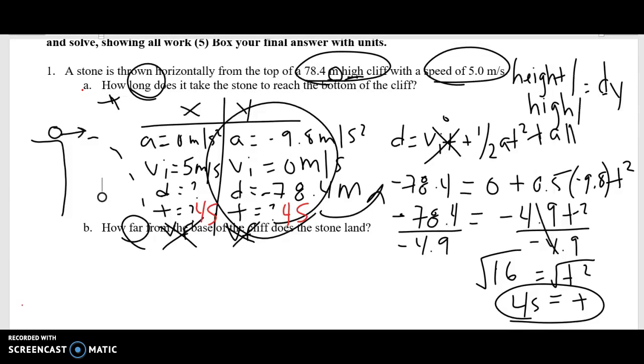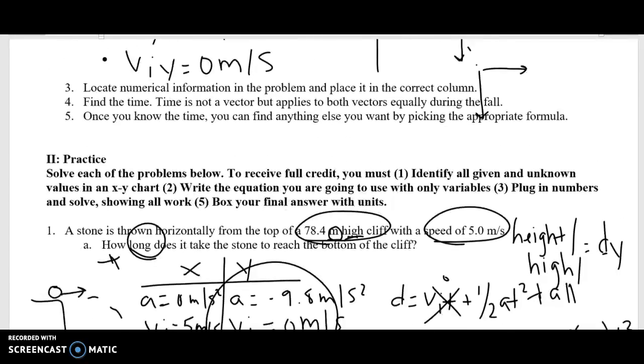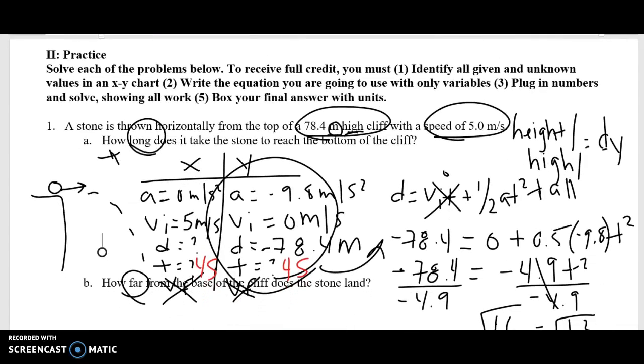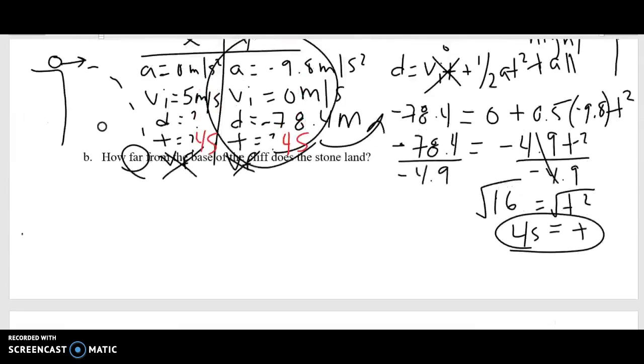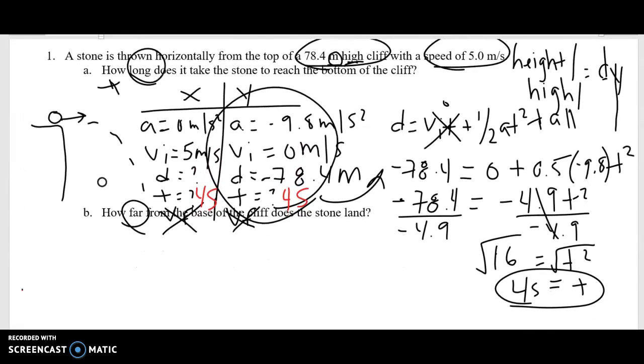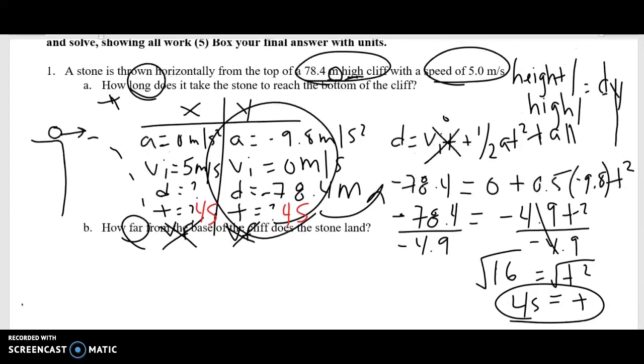How far from the base of the cliff does the stone land? So it is now referencing how far. Vocabulary words: we know that height, how high, how tall, is dy.